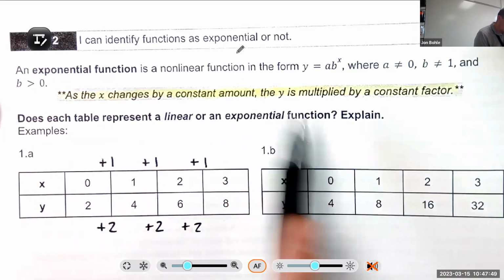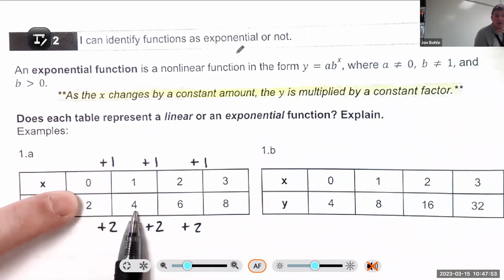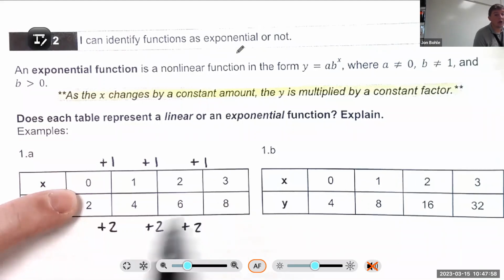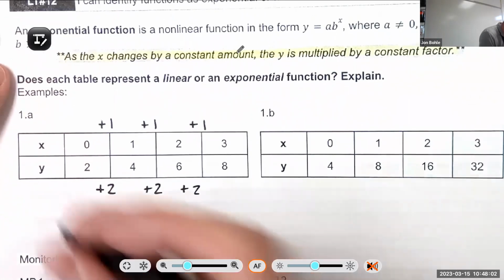So let's look at what I have here. The y is multiplied by a constant factor. From one y to the next, am I multiplying by the same number every single time? No, I'm adding. This is not exponential. Okay, this is linear.